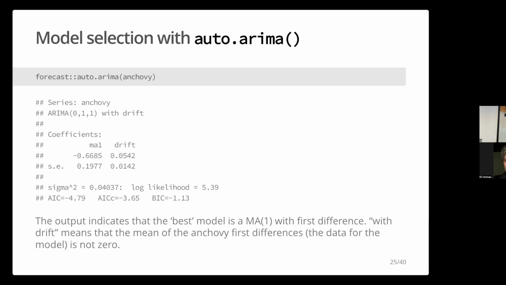This is the amount of autoregression. This is the amount of differencing. And this is the amount of moving average. So basically what it's saying is that we can model the first difference with some autocorrelated error. Very simple model. I'm just going to take the first difference of that anchovy data.